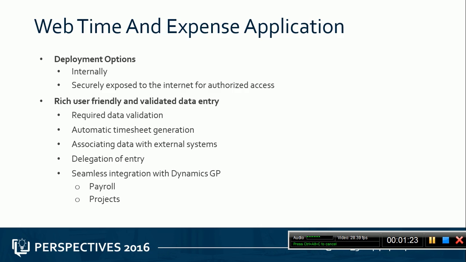A rich, user-friendly front end is very, very important when you talk about time entry and expense calculations. So we need to make sure that the data is validated, that they're selecting the right day of the week, they're selecting the right project if you're doing project accounting or the manufacturing order, making sure that the data that you're getting is accurate.